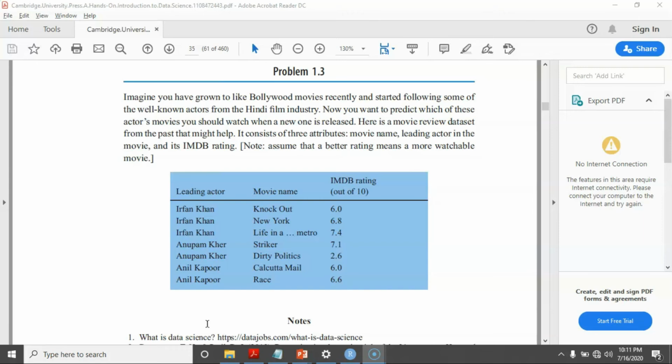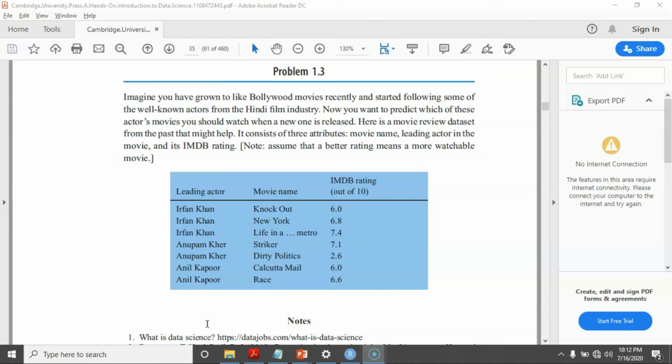So movie name does not make sense for this analysis, though it has its own significance. For this analysis, we will be considering only two attributes: the leading actor, and the IMDb rating.